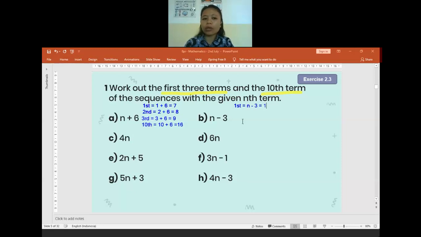Why number 1? Because this is the first term. 1 minus 3 equals negative 2. Is it helping for those who were confused, or are you still confused?